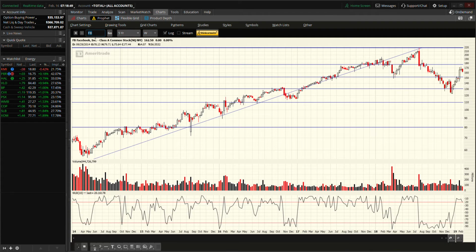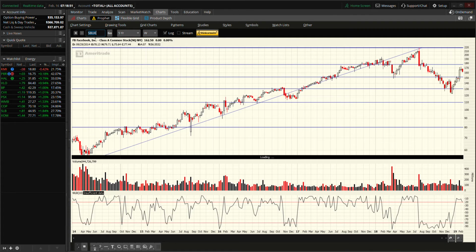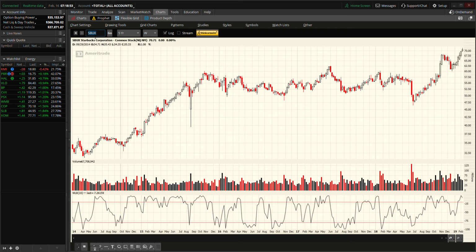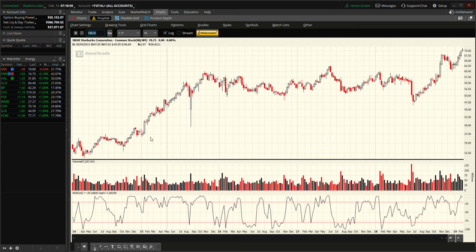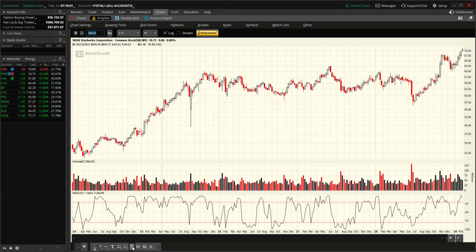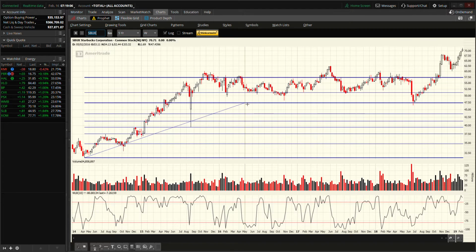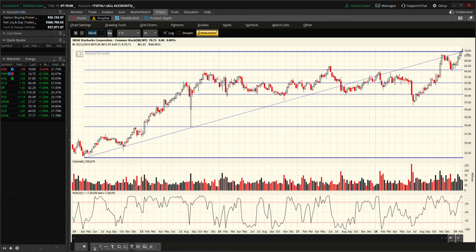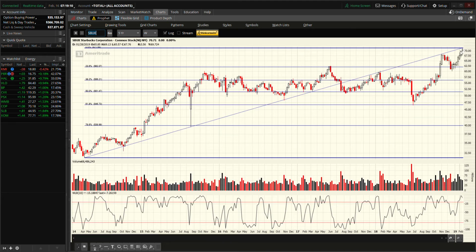Let's take a look at the long term. Oh my god, look at this volume. Last couple of weeks, buy. Let's draw a Fibonacci. Well, this is all high.